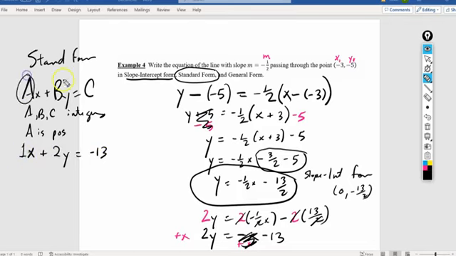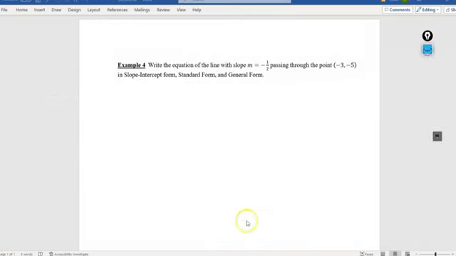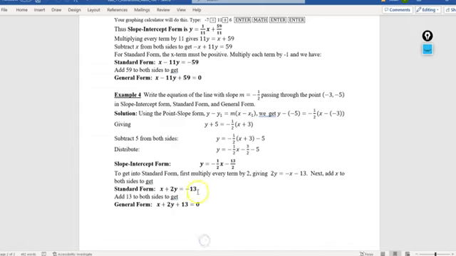So I have integers, whole numbers, and the first one, the coefficient for the x, is positive. And 1, 2, and negative 13 are all co-prime. They do not have a common factor. So that is what it looks like in standard form. They wouldn't write it with the 1 there. So let me check this. There we go. There's standard form.